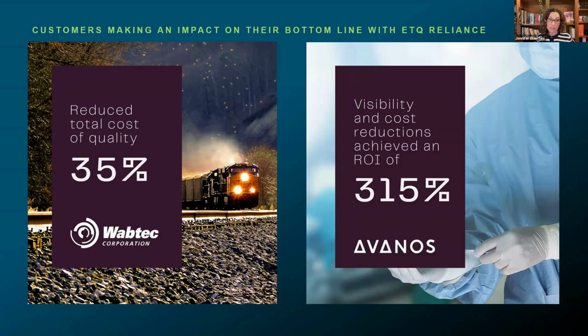And the impact was pretty huge. So they were able to gain better visibility and reduce costs, and they achieved a 315% return on their investment in their quality management system. Yes, I said that right. 315% return. So that is a major win for both compliance and their bottom line.